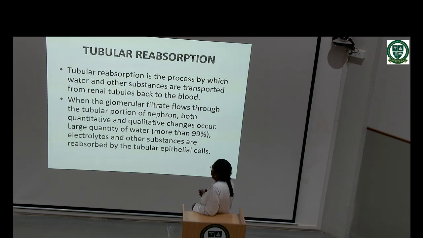When the glomerular filtrate flows through the tubular portion of a nephron, both quantitative and qualitative changes take place. A large quantity, more than 99% of water and electrolytes and other substances, are reabsorbed by the tubular epithelial cells.